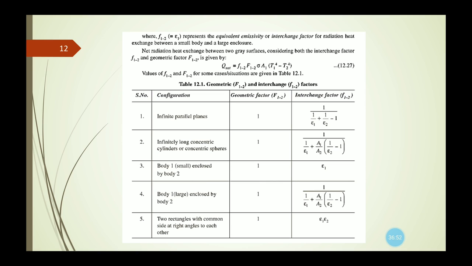For all these configurations, the value of the geometric factor capital F12 and the formula for the interchange factor small f12 we need to remember to solve the numericals. This table is very important in this heat exchange between non-black bodies part of the radiation module.